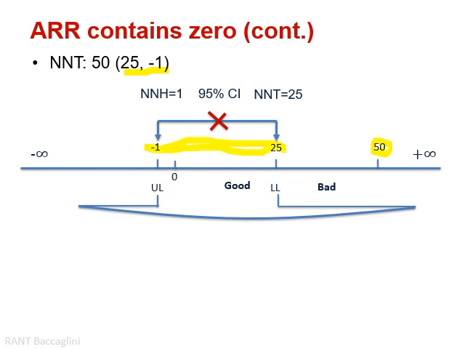This would be incorrect. Actually, it goes from 25 all the way to infinity, and then it goes from infinity to -1. Now think about it. What would be a very bad treatment? What would be the NNT? You would have to keep treating people, and nothing happens. So a really bad NNT would be an infinite number of people that you keep treating and nothing happens, right?